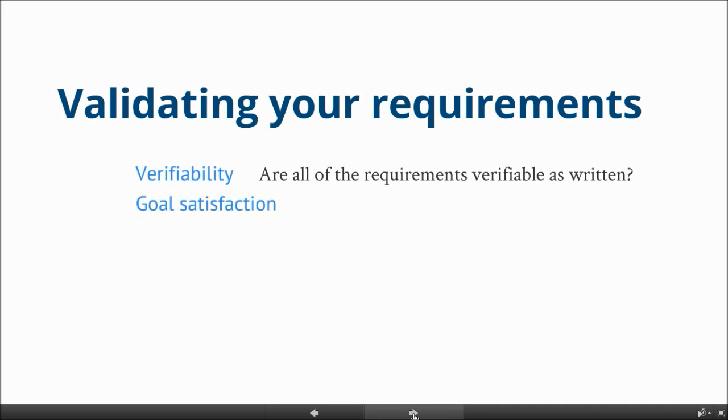Goal satisfaction. So, the whole idea is you've taken a goal from your stakeholder and you've decomposed it. You've broken it down into smaller chunks. So as you break this down, one goal may have 100 requirements that are required to support that goal. Well, if you code all 100 requirements, does it meet the goal?